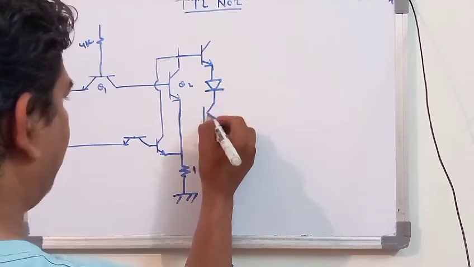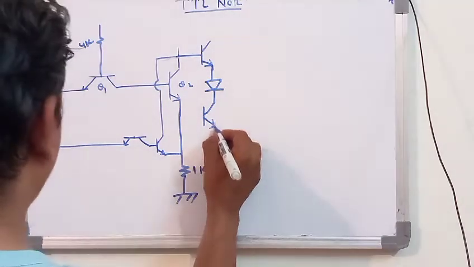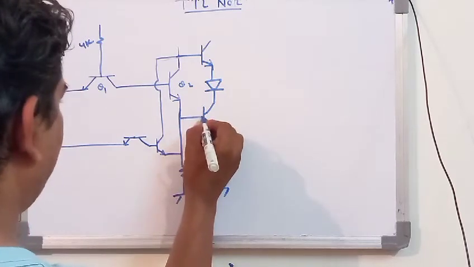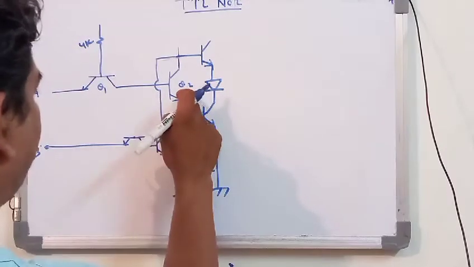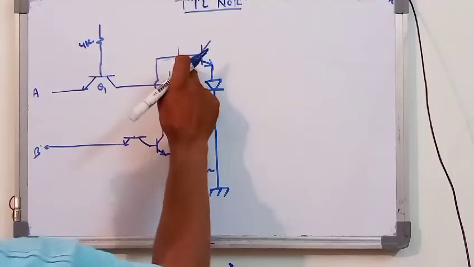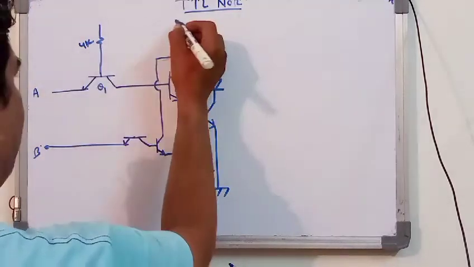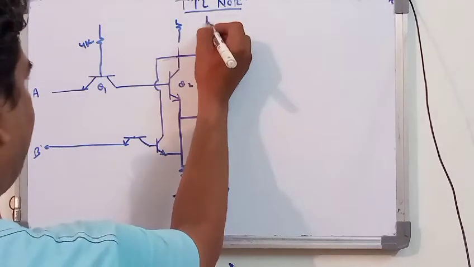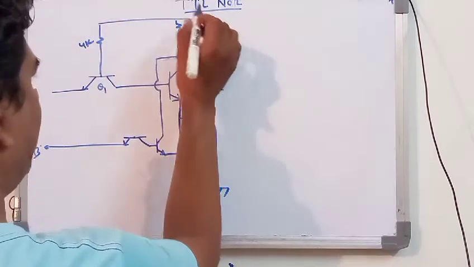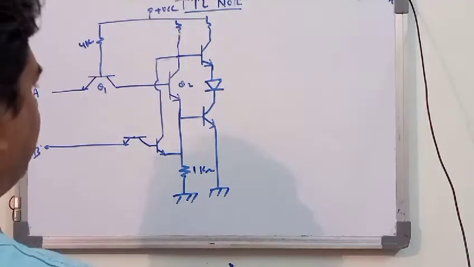Here again one transistor is to be added like this, and this emitter terminal is going to be grounded, and this base is connected to this particular emitter of the Q2, and this collector terminal and this base of the Q1, one resistor is connected like this, and the whole is connected and getting the positive, that is plus VCC.